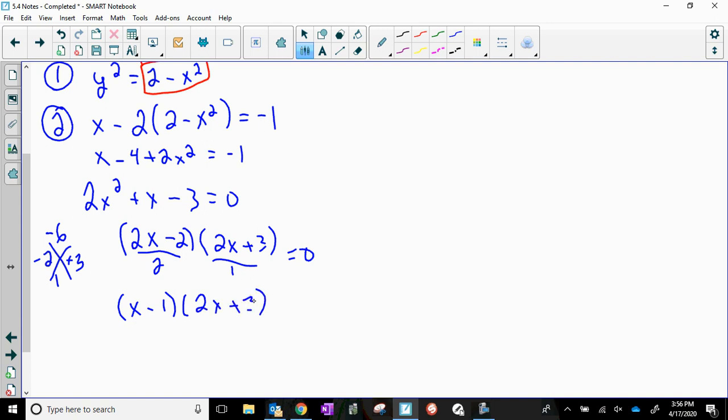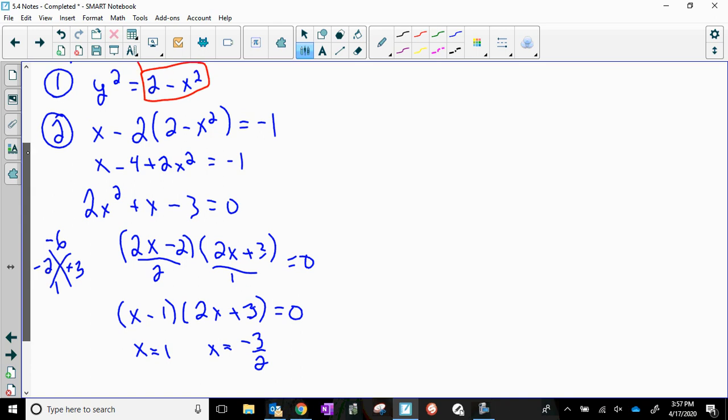Bottoms up. I call this one the down under method. There's a lot of different names. You've learned a lot of different things. I don't care. If you want to use quadratic formula or complete the square, that would work as well. That's your choice. So I'm getting x is 1 or x is negative 3/2.